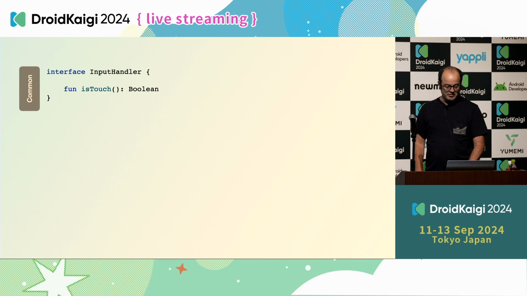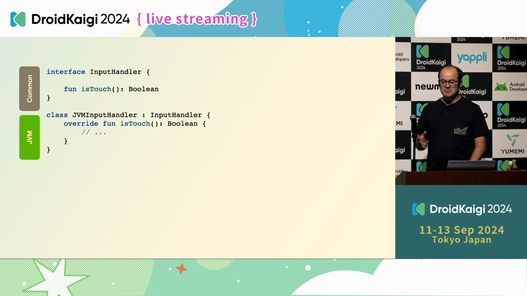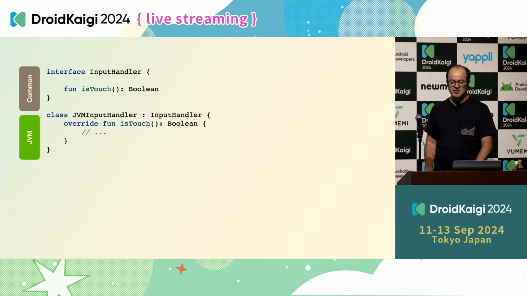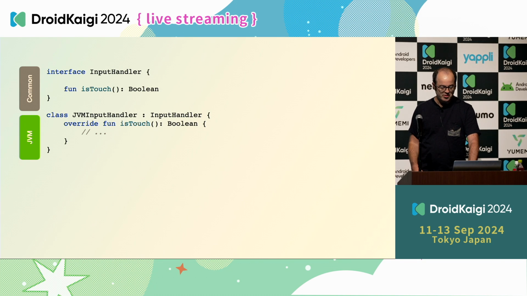To manage code specific to a platform, the recommended way is to create an interface in the common source set, then to create an implementation of this interface in the dedicated source set. So for example, here in the JVM source set, you will create the JVM implementation. And here, because I'm in the JVM source set, I will be able to access a JVM library to check, for example, if the player pushes a button or whatsoever.